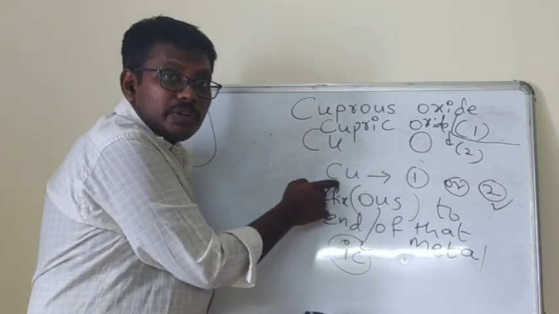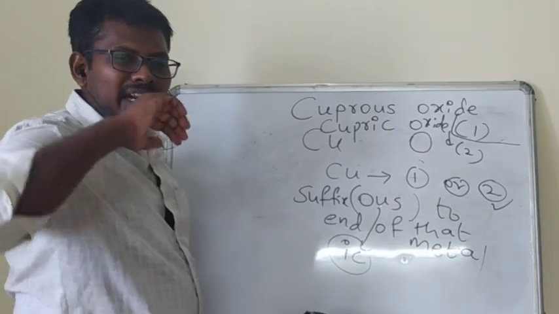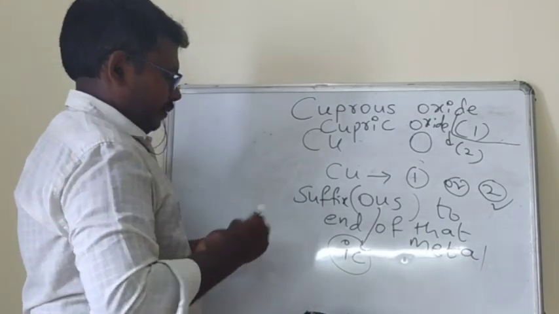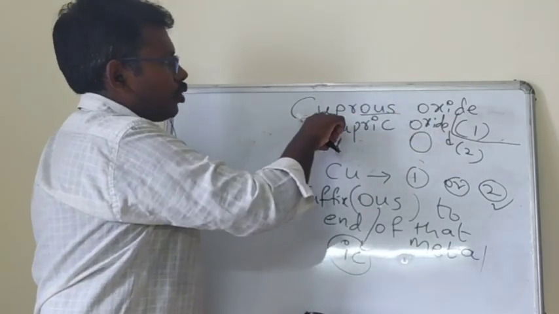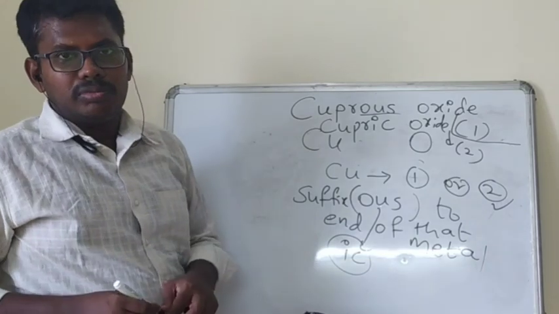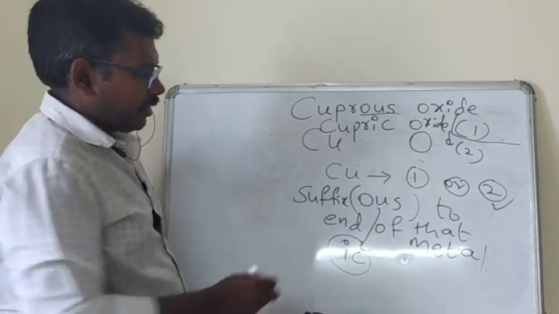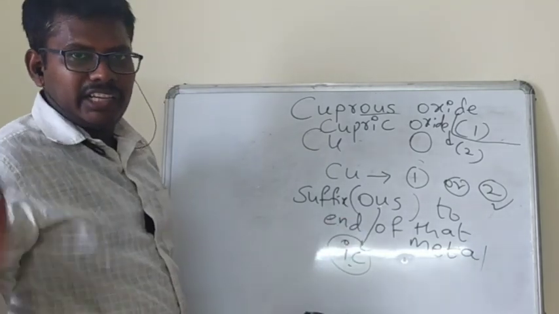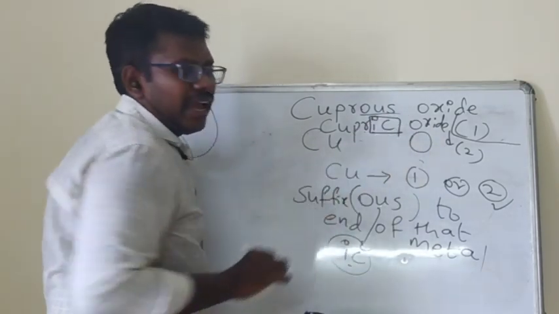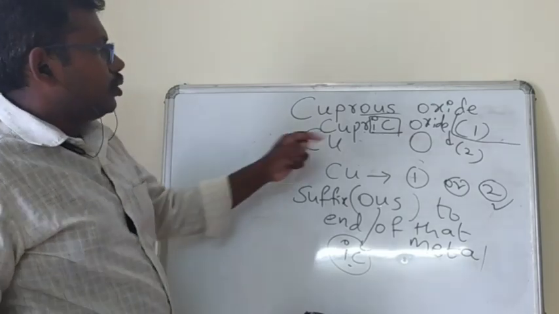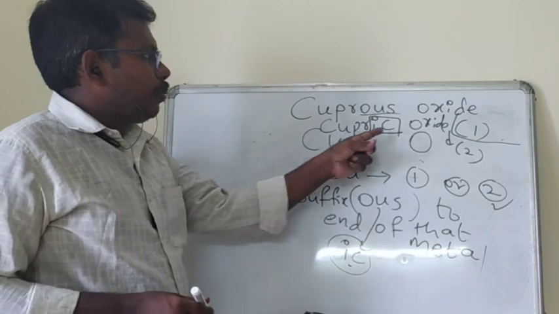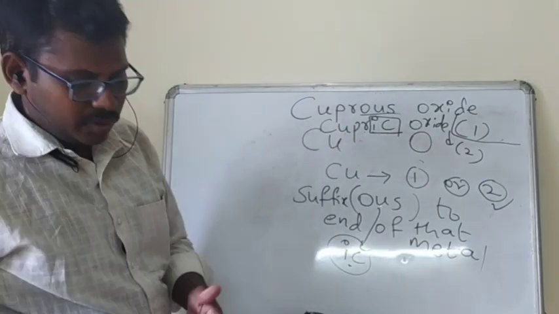The name was Cuprum, so I remove the last three letters and place "ous" here. So cuprous oxide. If the valency is 2, that is the higher valency, write "ic" as suffix at the end of the metal. Here also I wrote "ic" at last. So cuprous oxide with valency 1, cupric oxide with valency 2.